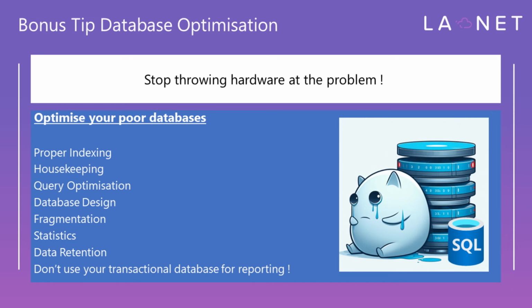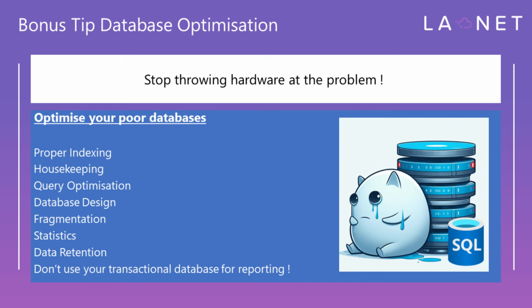Ideally, you would split your reporting from your transactional stuff and make your reporting database optimized for reporting. So OLAP type design rather than OLTP, so online transactional processing versus online analytical processing. They're completely different designs. What people try and do is do it all in the one transactional database, and that can cause massive issues with performance.